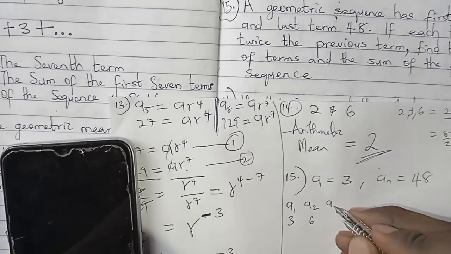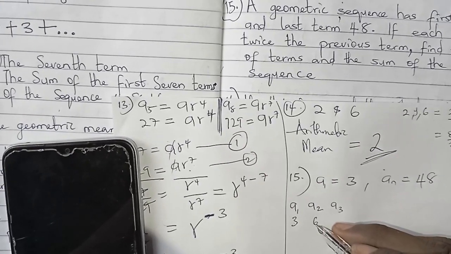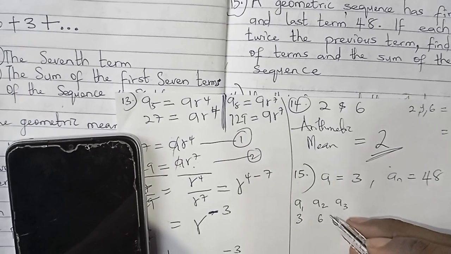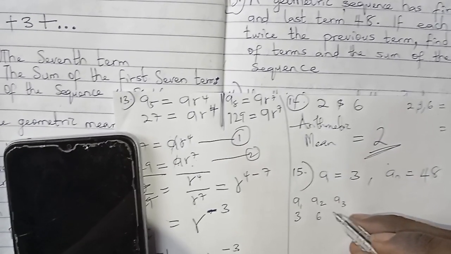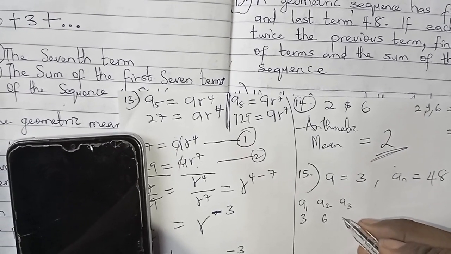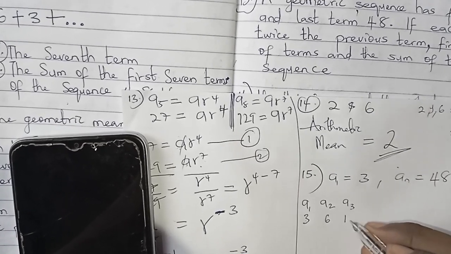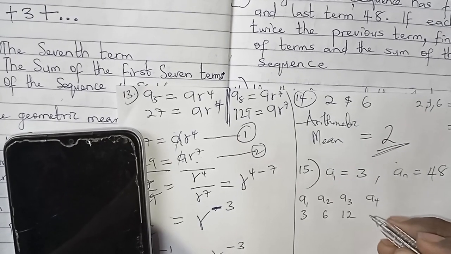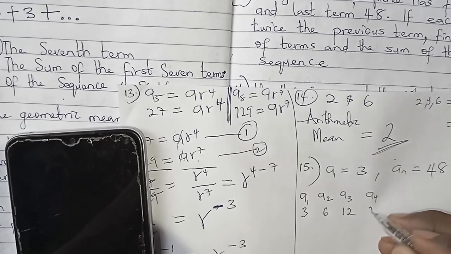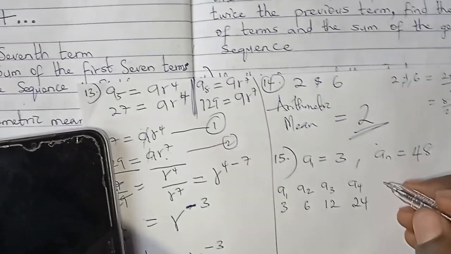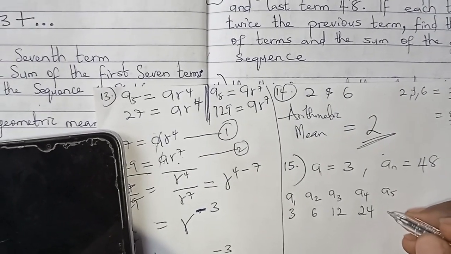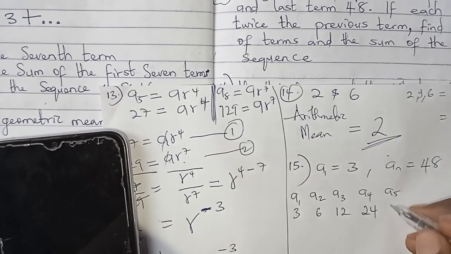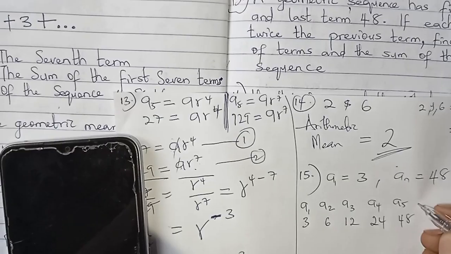Then A3 should be twice the previous term, so 6 times 2 is 12. A4, twice the previous term, 12 times 2 is 24. Then A5, twice the previous term, 2 times 24 is 48.